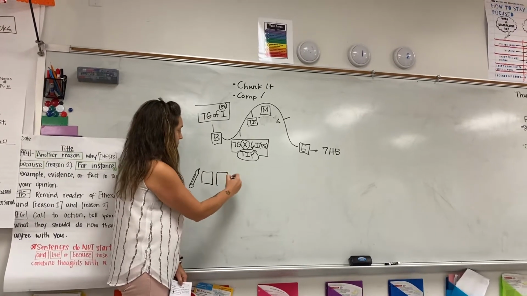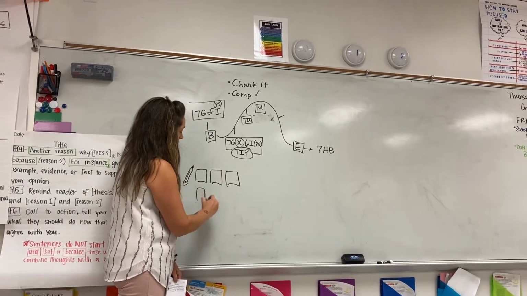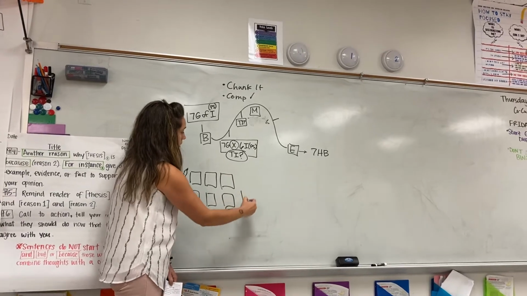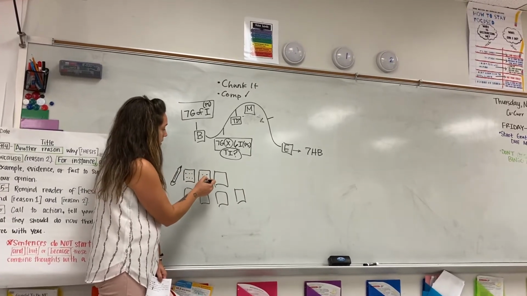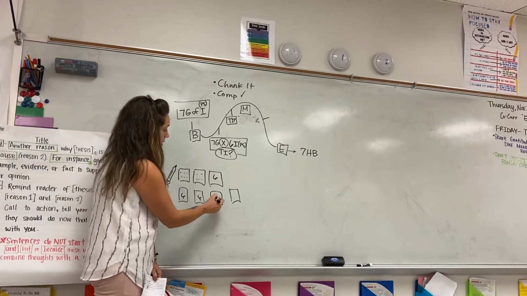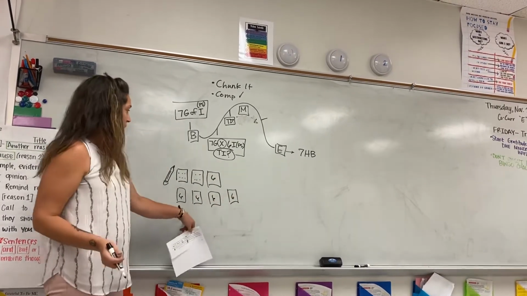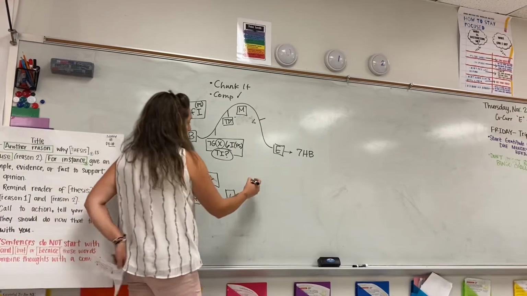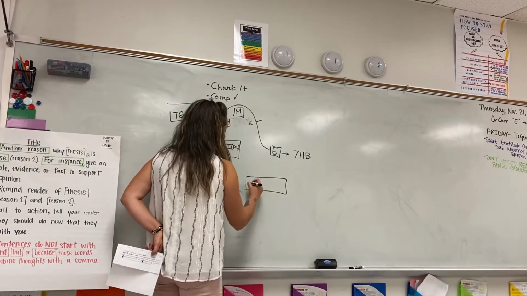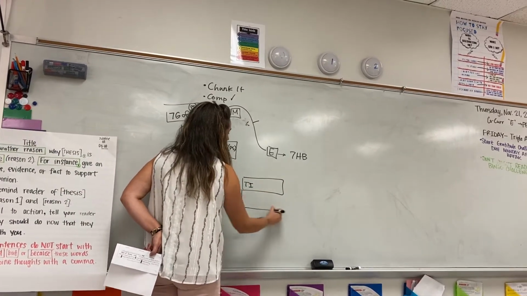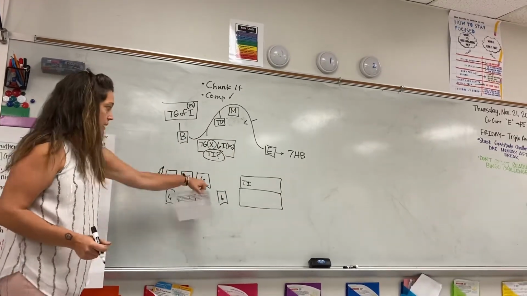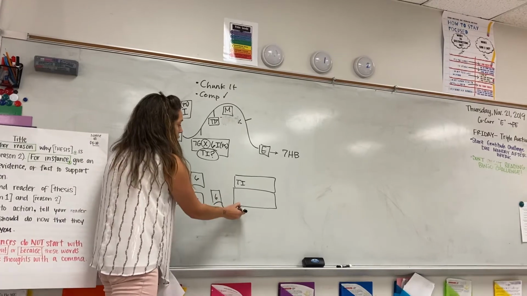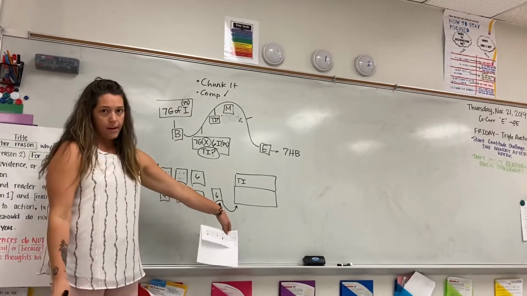I have 7: 1, 2, 3, 4, 5, 6, 7, and I know that there are 6 in each one, so that's my equal groups. When I need to figure out my total number of items, in my equal groups, if I have 7 boxes, how many boxes am I going to put in my strip diagram?